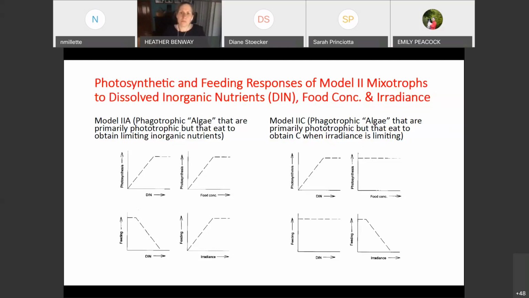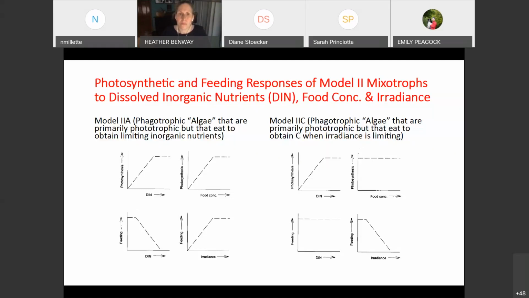And I plotted responses I would expect of photosynthesis and feeding to dissolved inorganic nutrient availability, and also responses of photosynthesis to food concentration and of feeding to irradiance.